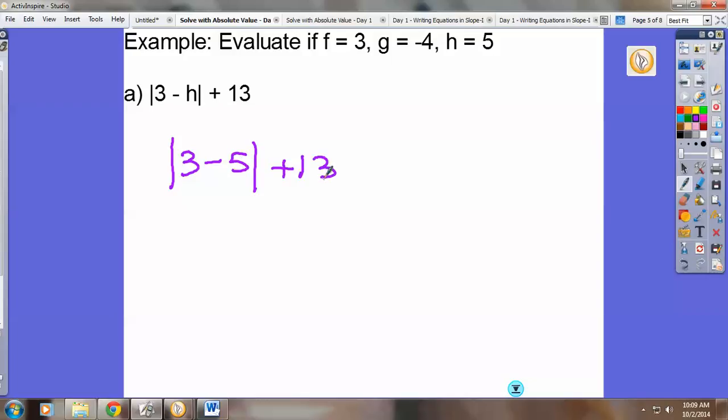In absolute value, let's take 3 minus 5, negative 2. Next, take the absolute value of negative 2, which is, again, once we've taken the absolute value, we no longer carry the bars down. 2 plus 13.